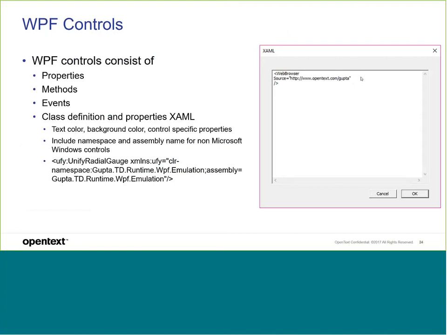This web browser object is provided by Microsoft and is part of Microsoft's .NET WPF controls. That's why it's so simple to include that here. If it were a WPF control provided by somebody else, you would also need to provide a namespace and assembly name here. So there's a little more code to specify, but it works equally.